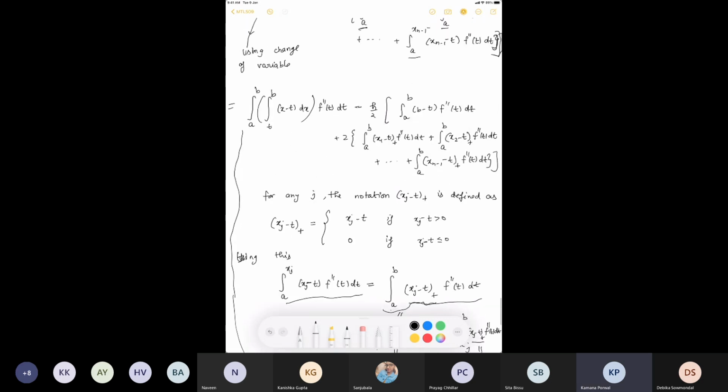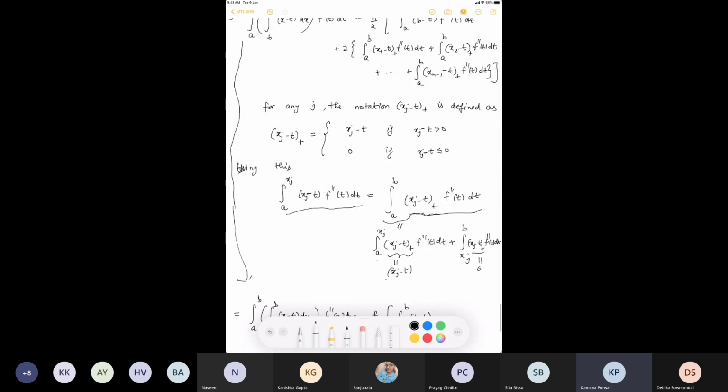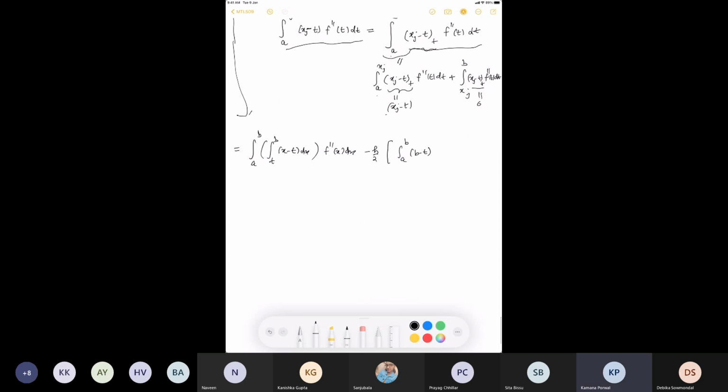I'm just combining all the terms here, factoring out f double prime t from each term. So we get plus 2 times (x1 minus t) plus, up to (xn minus 1 minus t) plus. Everything gets multiplied with f double prime of t.